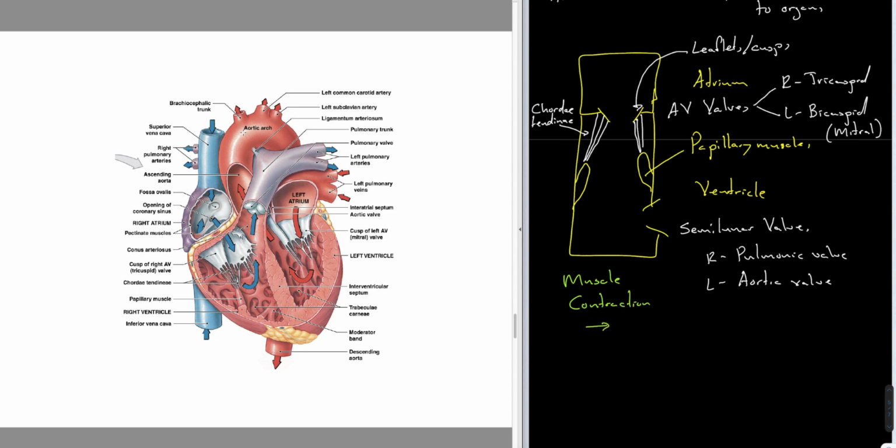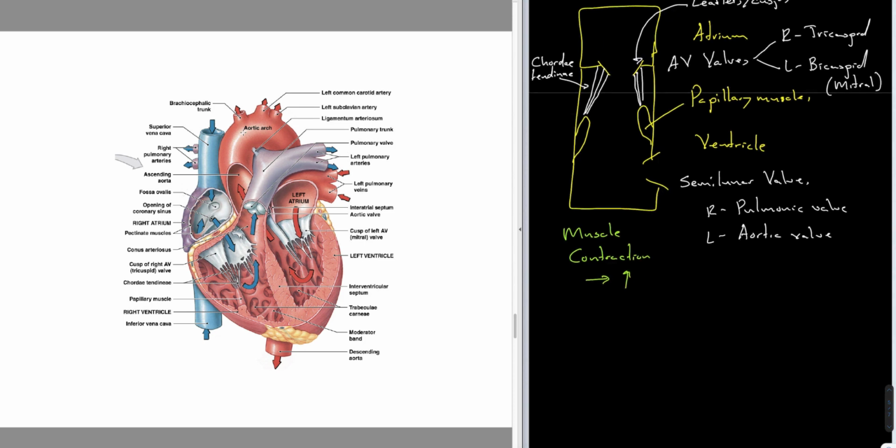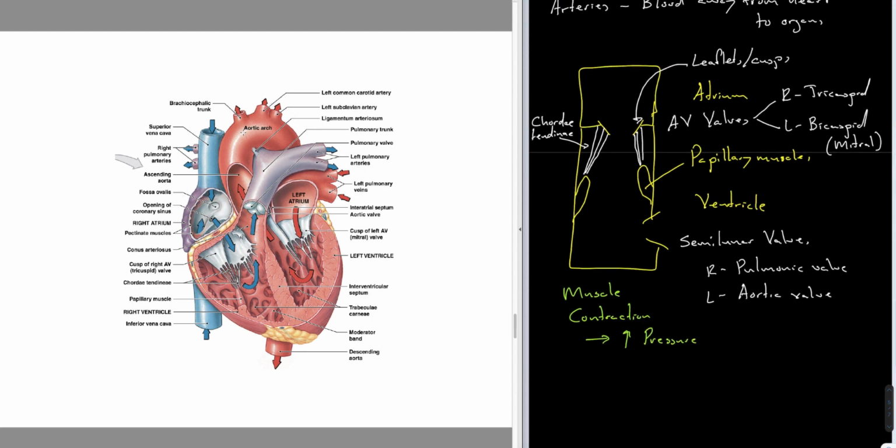That's going to lead to an increase in blood pressure. And that pressure is going to push out in all directions, including wanting to push up the AV valves and cause blood to backflow.